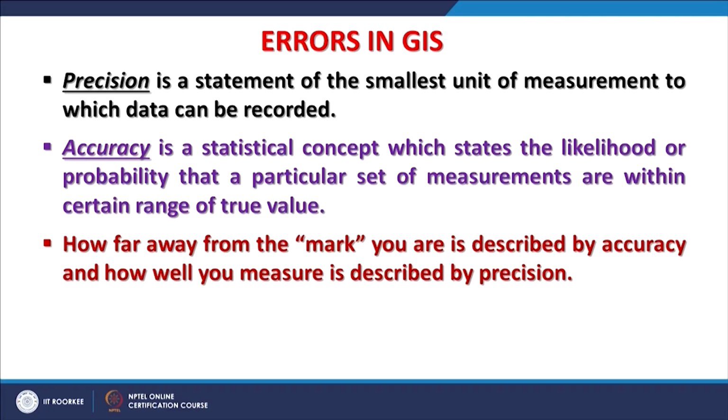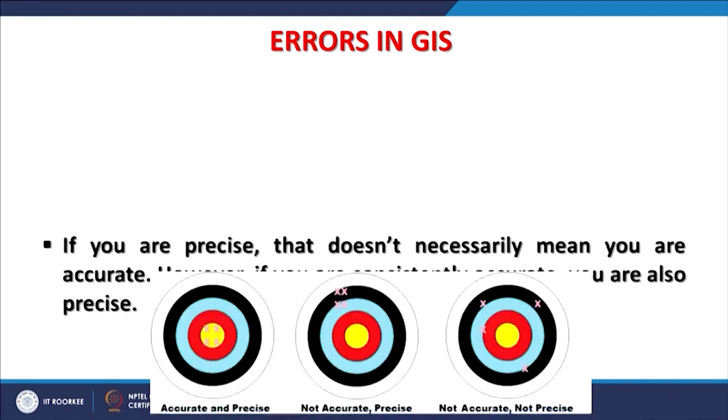How far away the mark is which I have determined after doing 5 measurements is described by accuracy, and how well you measure is described by precision. Because we are using a scale, an instrument or a sensor, that will control my precision, and how accurately I do the measurement will decide my accuracy.